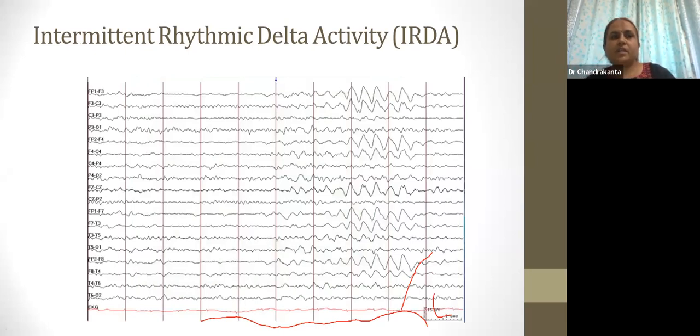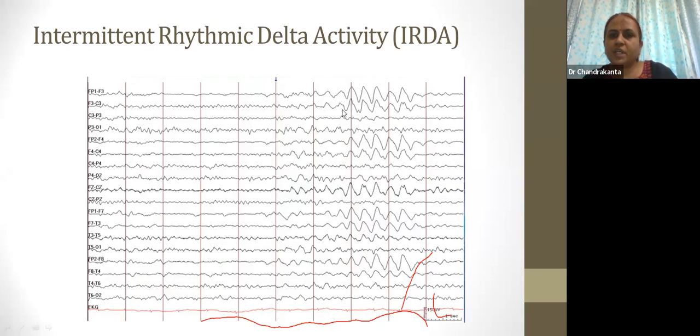So we can see that focal abnormalities can be epileptiform, non-epileptiform, and there are some special types of patterns. Dr. Praveen has already discussed that they can be intermittent rhythmic delta activity. In this you can see there is rhythmic delta activity in the frontal area, and depending on the location we call them by different names.